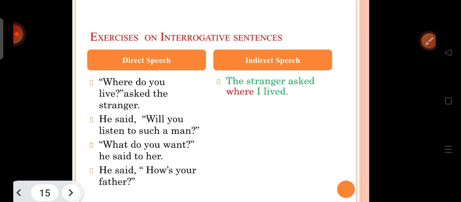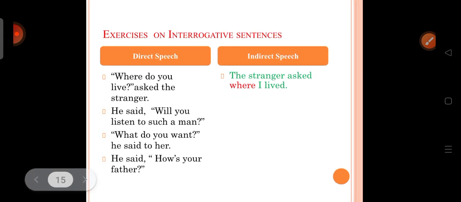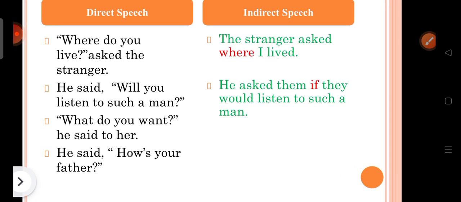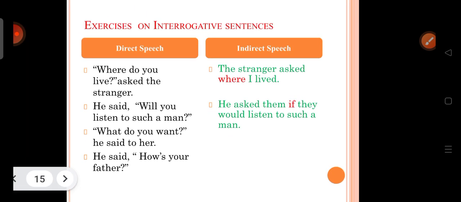He said, "Will you listen to such a man?" This is a yes or no question. He asked them if they would listen to such a man. So, will becomes would, and if is also used because this is a yes or no question.